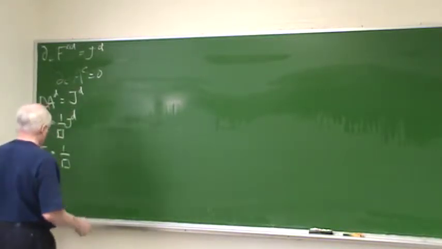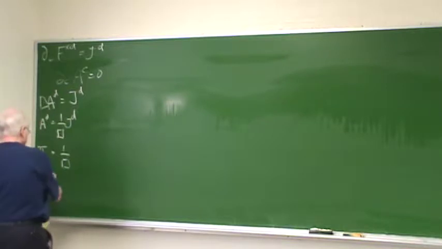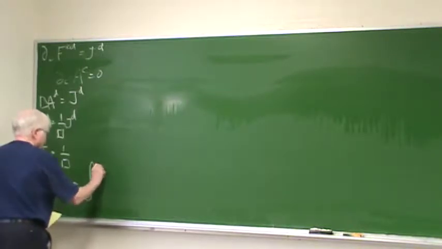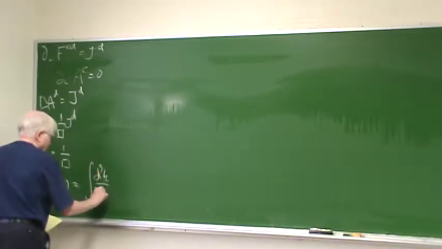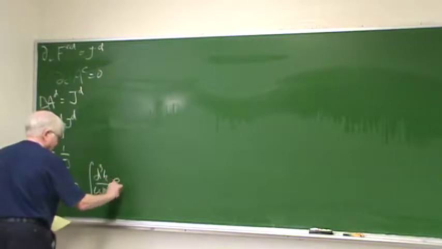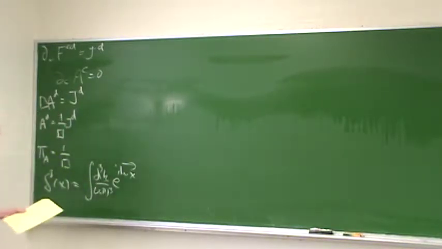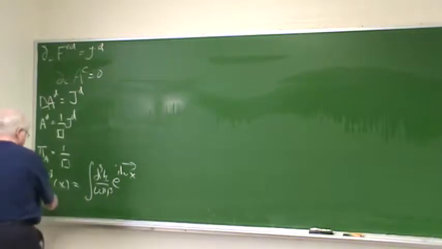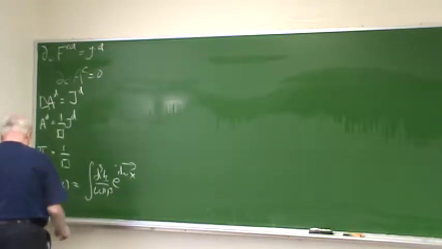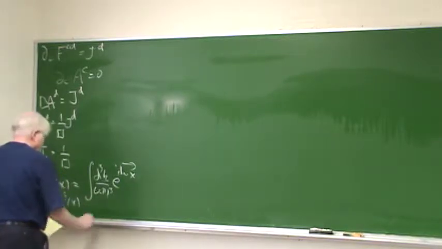And in particular, last time I think we were saying that delta cubed of x is an integral d cubed k over (2 pi) cubed e to the i k dot x. And so then the Laplacian on delta cubed of x is what?